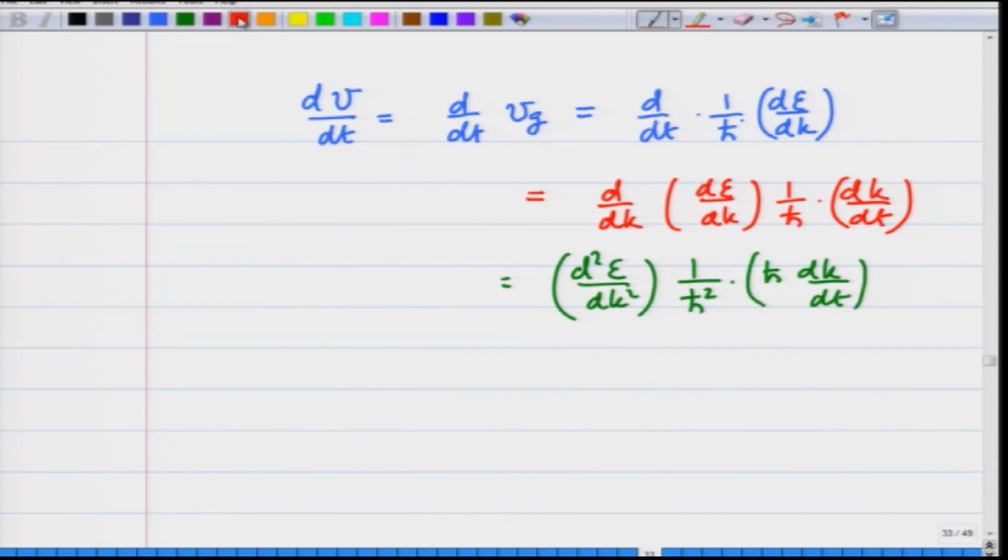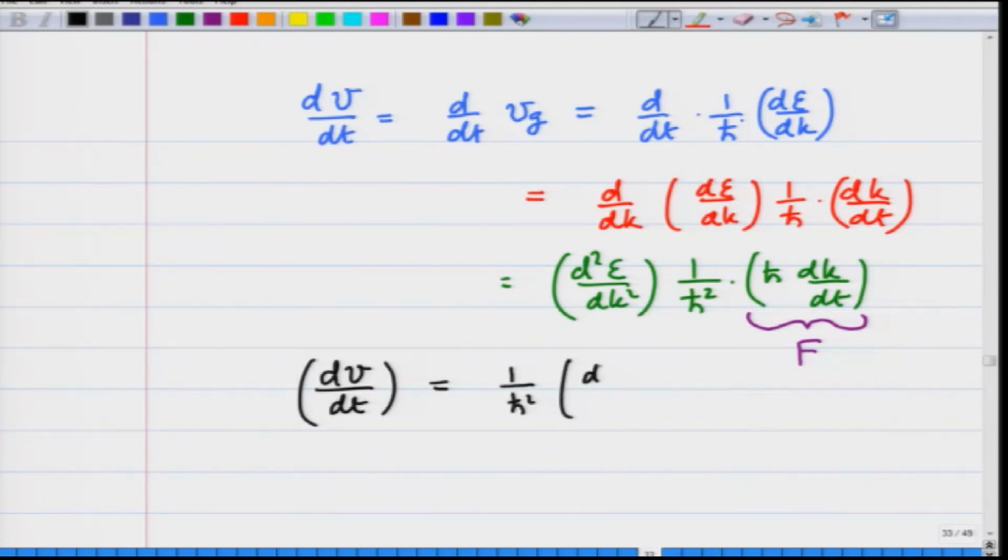And the last thing we have already derived, this is nothing but the applied force. So, I can write finally that dV/dt of the particle is 1 over h cross square d2E by dk square times f.